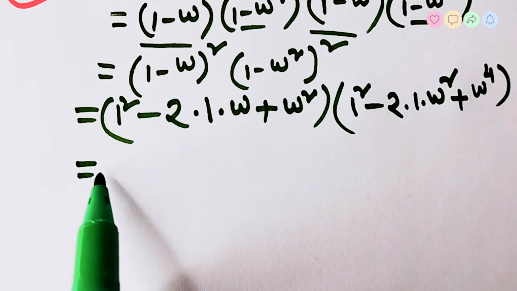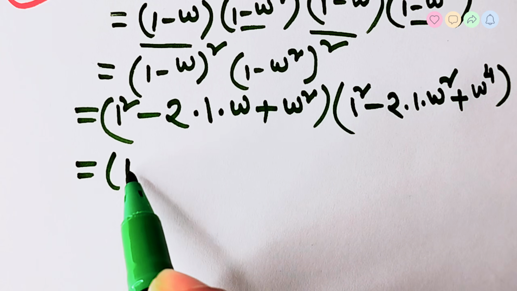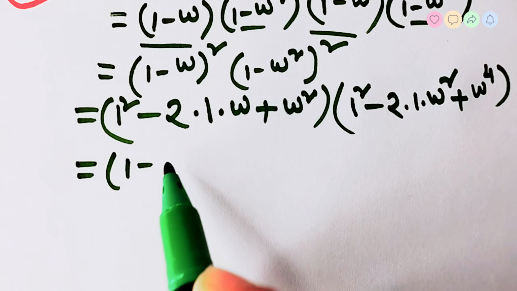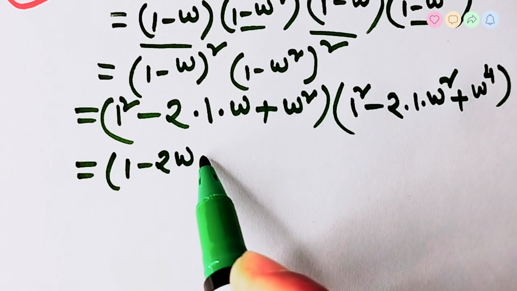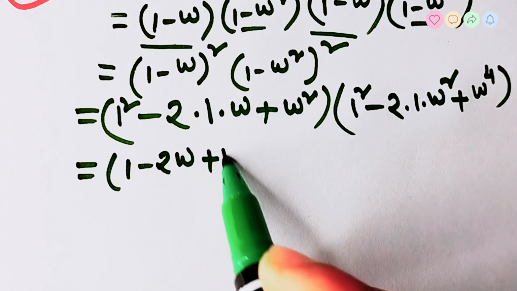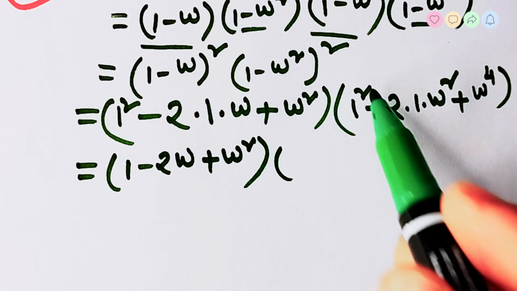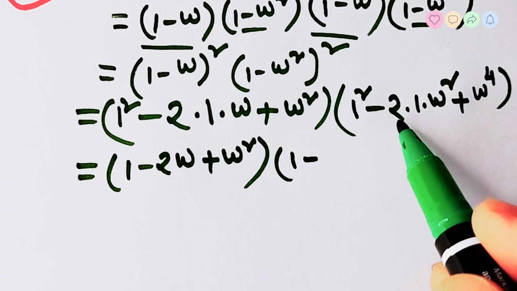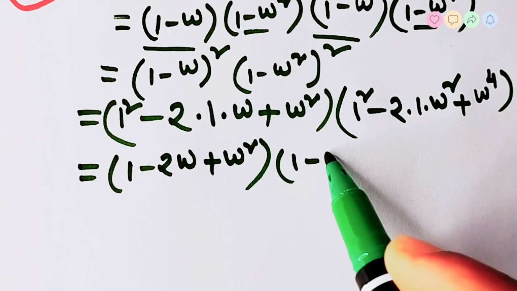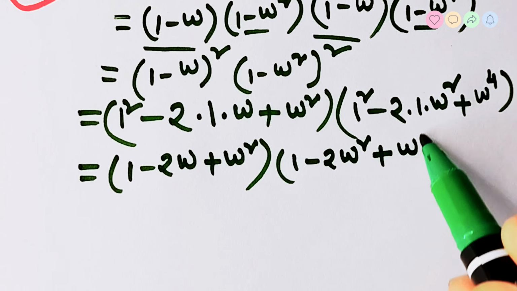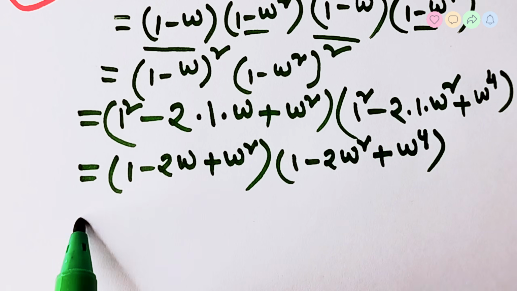So 1 minus 2 omega plus omega square, and 1 minus 2 omega square plus omega to the power 4.